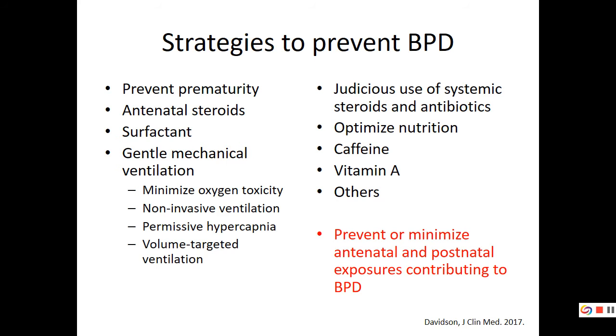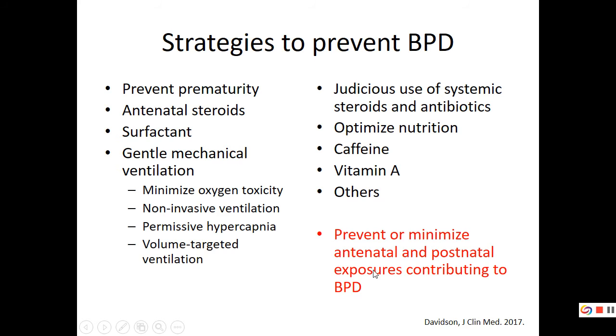Some people advocate for volume-targeted ventilation. We try to be very wise and judicious about how we use antibiotics and steroids, optimize nutrition, caffeine, vitamin A. There are others that aren't on this list, but those are the primary ones.